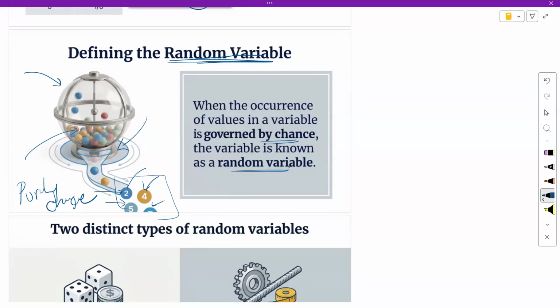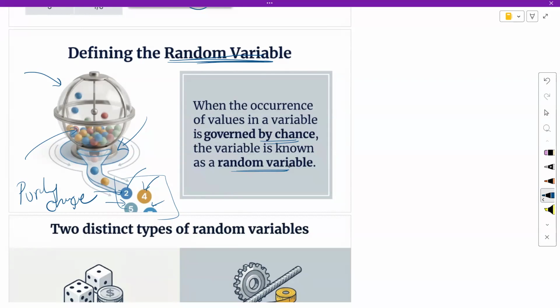Here, when you throw a six-face die, you may get scores ranging from 1 to 6. But the score we are getting from that trial is governed by chance. Therefore, that is a random variable. Obtaining a score from throwing a dice is a random variable.